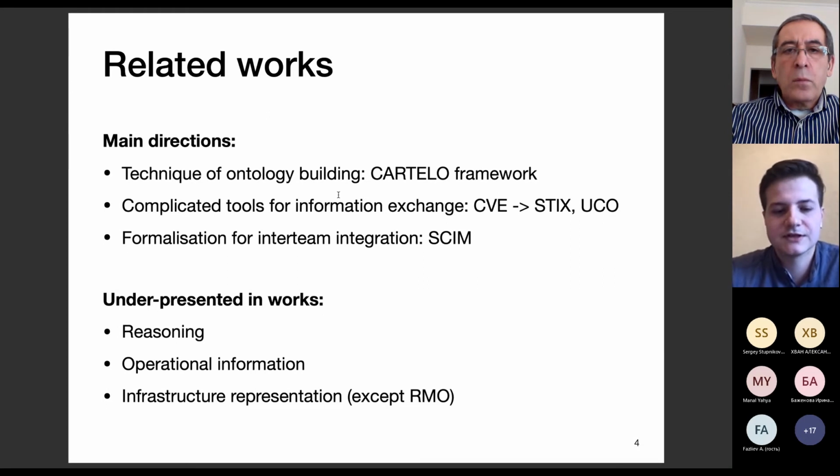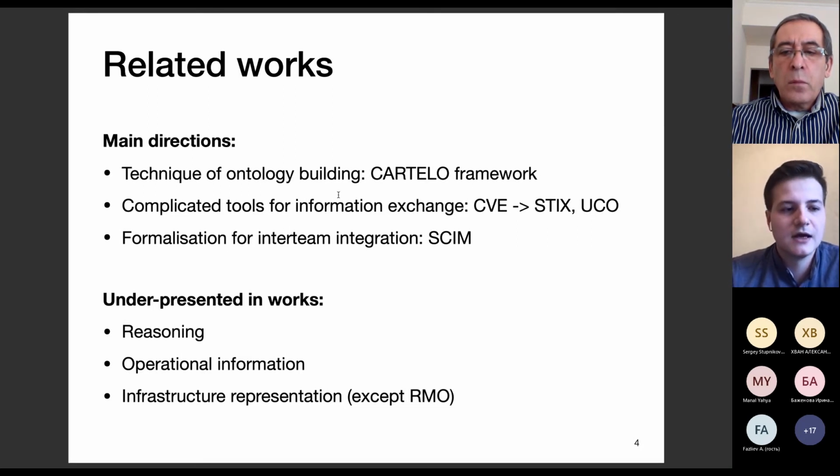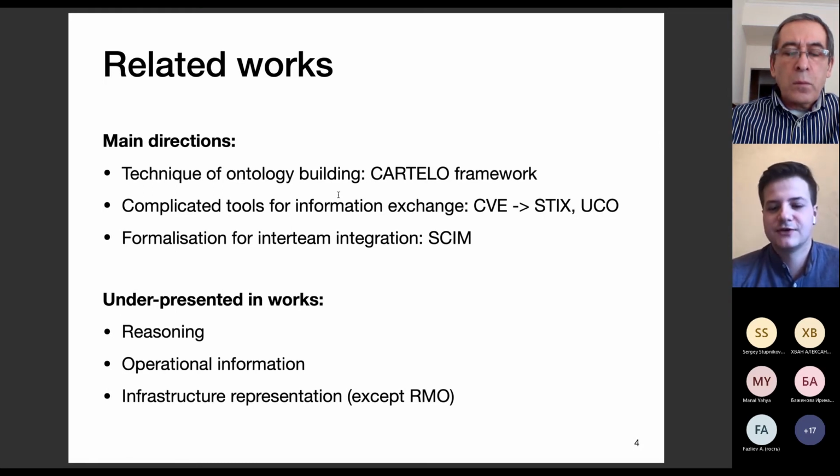First, reasoning, because in most of the papers, reasoning is declared but not used. The other ability is representation of network information and operational information, I mean logs and so on. So we built our ontology model taking into account these identified gaps.